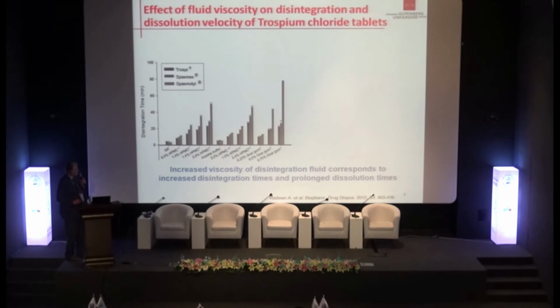And when we measure disintegration times for these products in different media, we can see that in simulated gastric fluid, you have a very nice, very short disintegration time. But as you increase the viscosity of the disintegration fluid, disintegration times really start to go up.